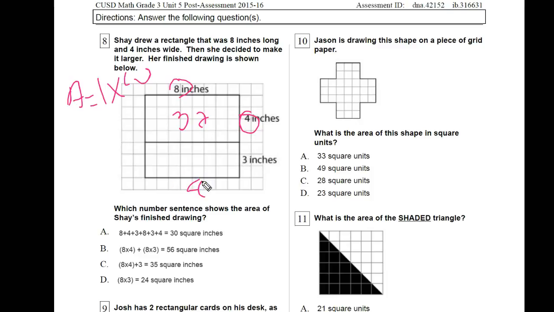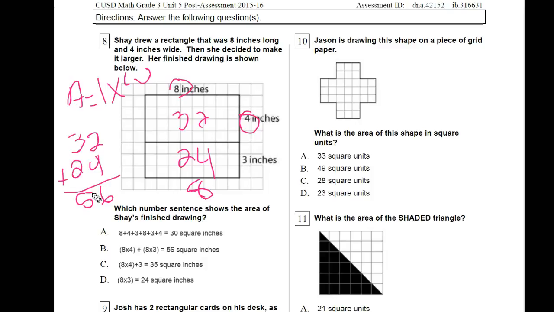So again, length times width, so 8 times 3, 24. And how would I find the area for the whole thing? I add them. 32 plus 24, 2 plus 4 is 6, and 3 plus 2 is 5, so 56. So I multiplied 8 times 4, and then I multiplied 8 times 3, and then I add them together.